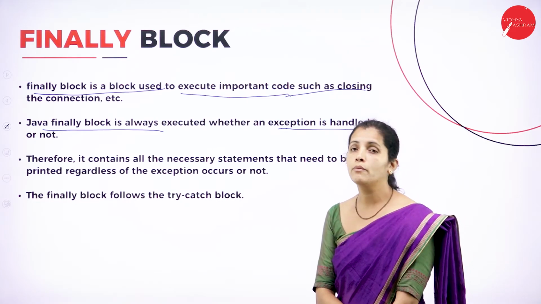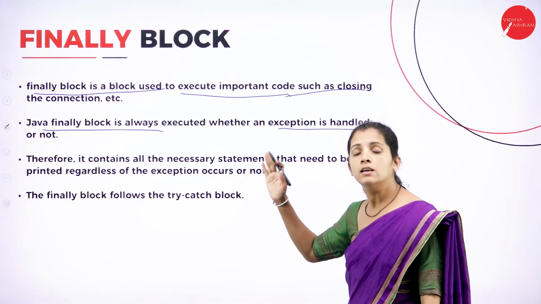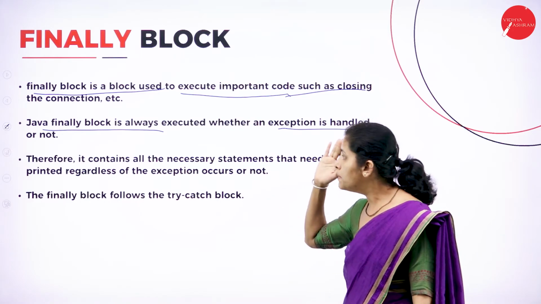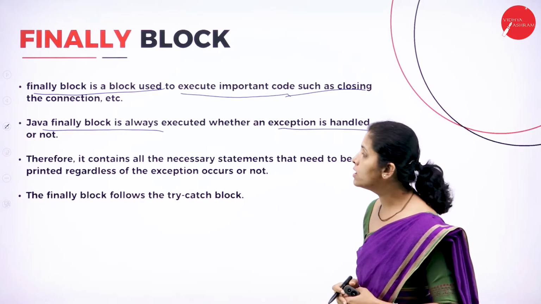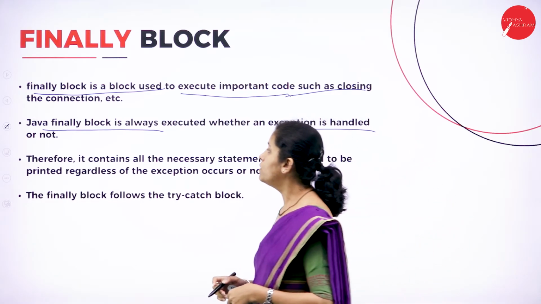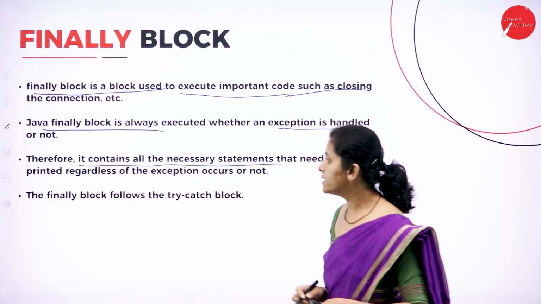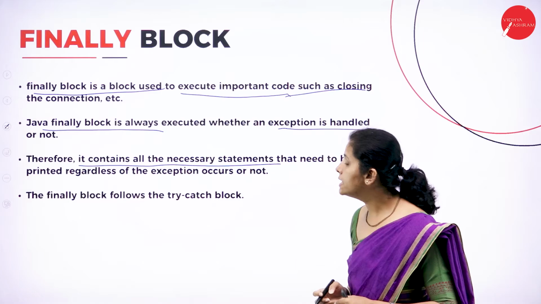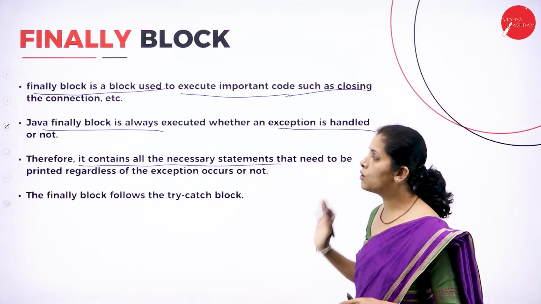So dear student, when I use finally in my Java program, it must be executed even though an exception is generated or not. Therefore, it contains all the necessary statements that need to be printed regardless of whether an exception occurs or not.